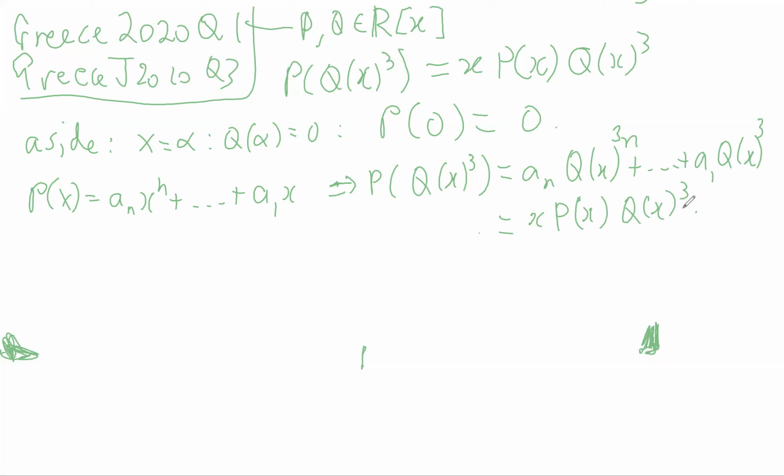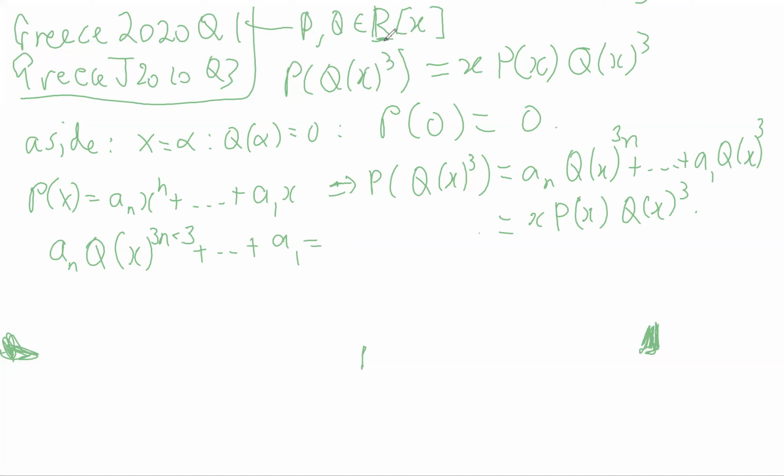And then you can cancel out a Q of x cubed to get a_n Q of x cubed to the n minus 1, plus a_1, equals x P of x. This is probably not how you should try to solve this problem, but it naturally came up. And of course the a_i's are all real numbers.